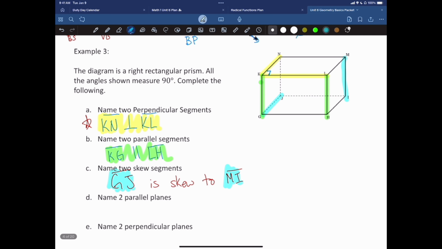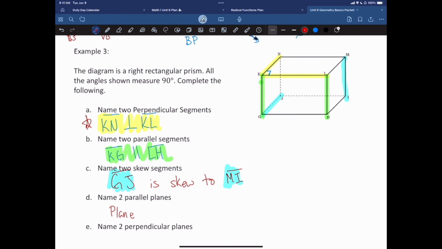All right, so now we're talking about planes, right? So think pieces of paper. We want 2 planes that are going to be parallel to each other. I'm just going to do the front one and the back one. So we can say plane KLH. This whole entire plane is going to be parallel to plane NMI.